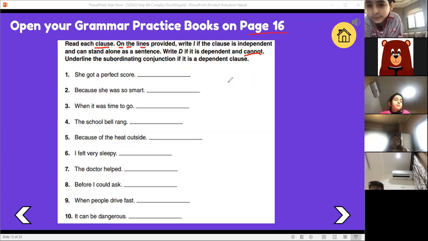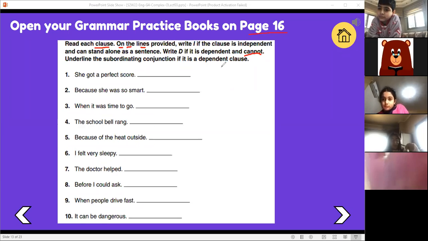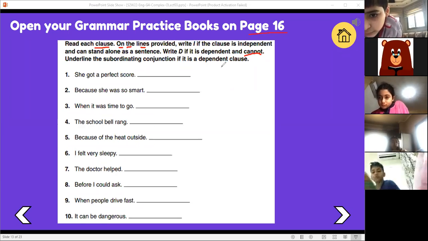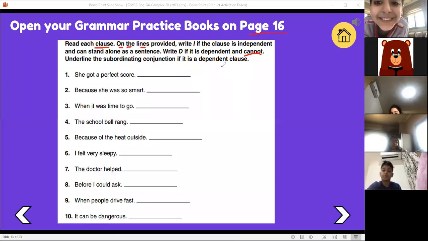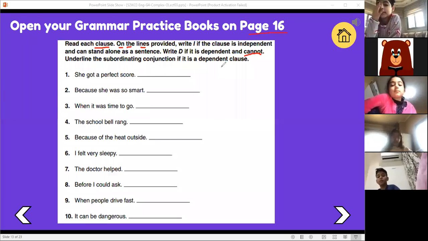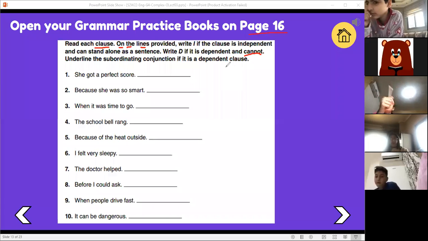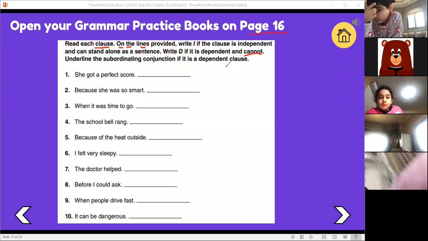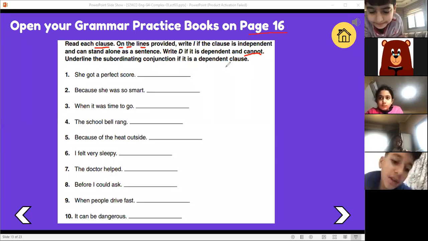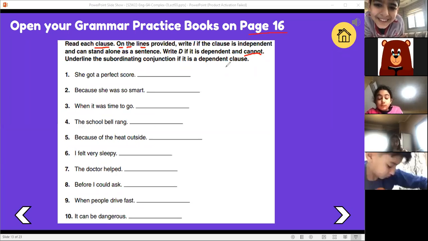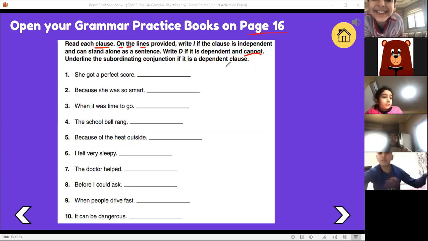It's perfect. For example, I like English. Is this an independent clause? Yeah, it's an independent clause. But the dependent clause cannot stand alone. Can you give me an example?